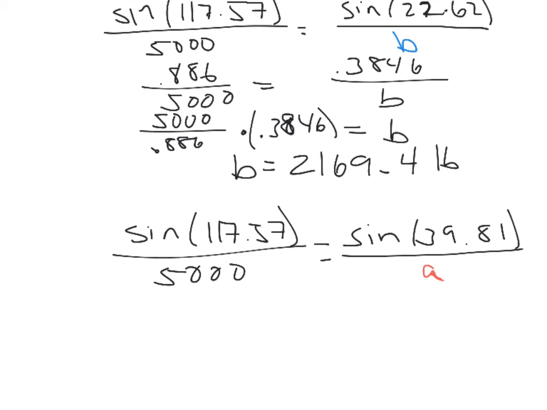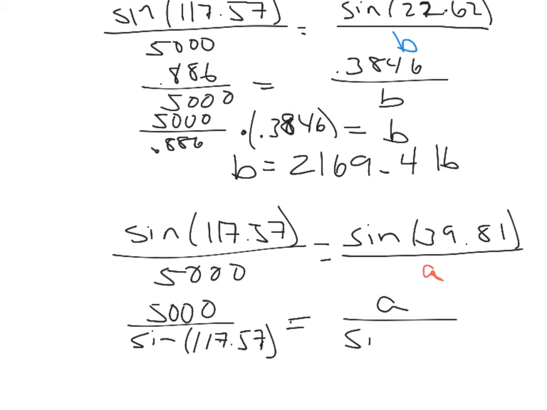So the sine of 117.57 divided by 5,000, I'm going to flip these, equals A over the sine of 39.81. And then to get A by itself, I took the reciprocal of both the left and the right side of the equation.